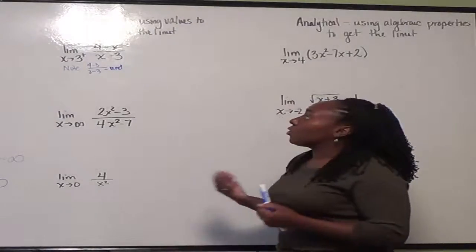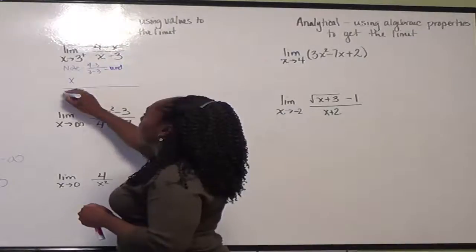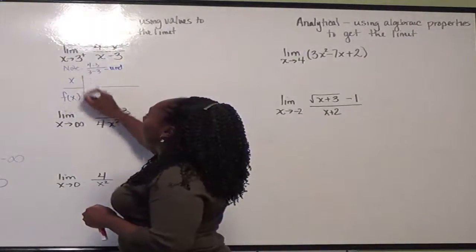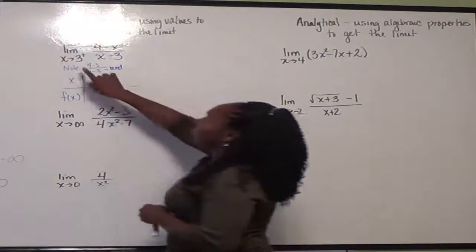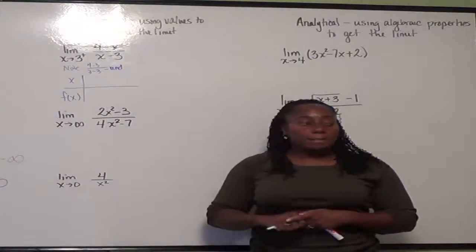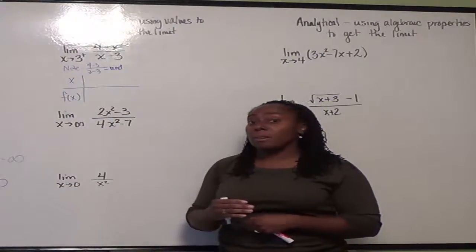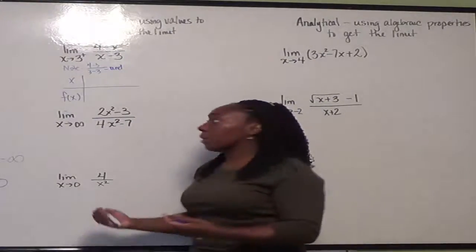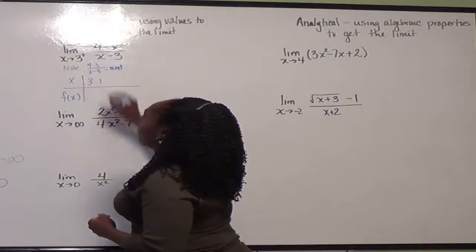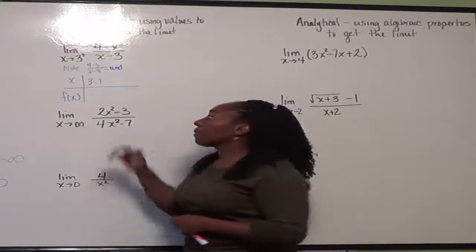So here I'm actually going to take some values. I'm going to make a table. And basically I want to get values as they get closer and closer to 3. And in this case, I want that to happen as x is going to 3 from the positive side. So I want to start at values that are bigger than 3. So for example, 3.1. And I want to get closer and closer to 3.